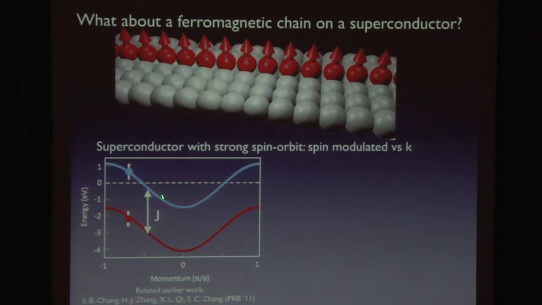So in the picture where I put this spin up everywhere along this band, the spin actually is not always up. It tilts as a function of k. And that's great because if I have a tilt here and a tilt there pointing in two different directions at the chemical potential, that allows me to pair electrons in this otherwise unpairable ferromagnet.